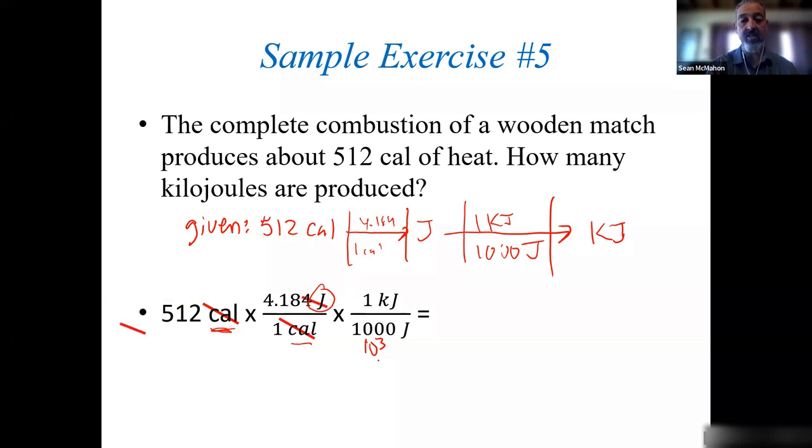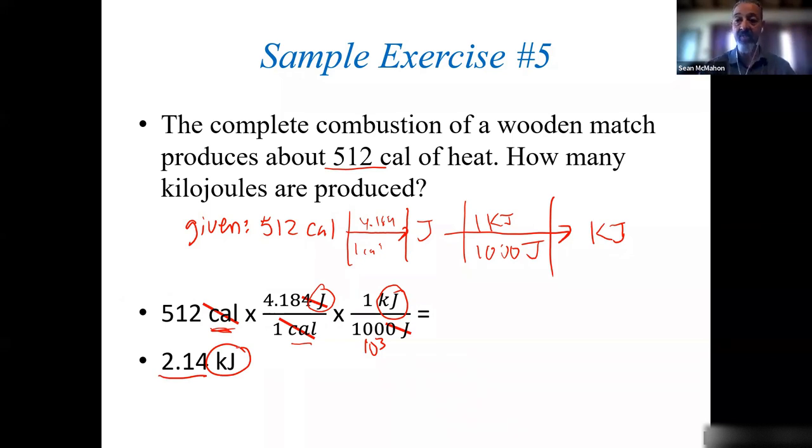But that's going to cancel out my unit of joules. It's going to leave me with kilojoules. Now for significant figures, there are 3 sig figs in this number. So my final answer should have 3 significant figures and the unit of kilojoules. So it's 2.14 kilojoules. So we see that my final answer has the correct number, the correct sig figs, and the correct unit. Those are the 3 things I need.